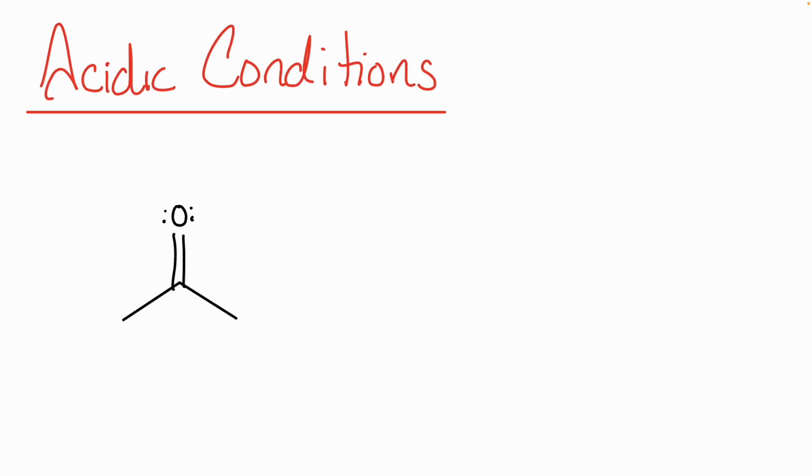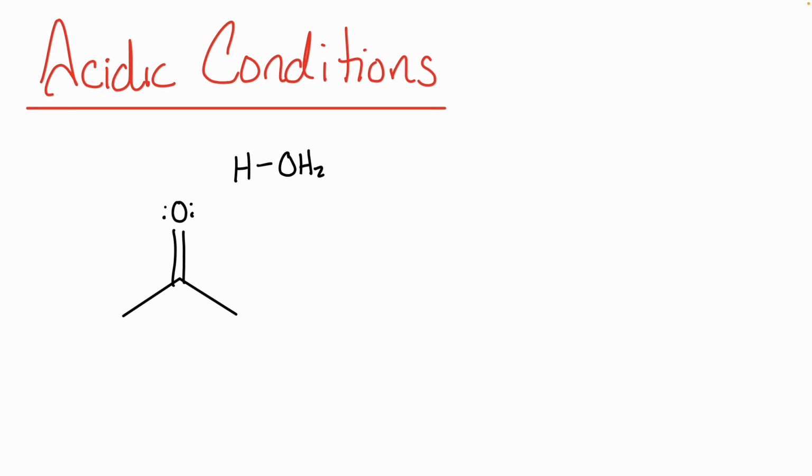All right, so under acidic conditions, we can't just break this pi bond and give that pair of electrons to that oxygen because that would give it a negative charge. So we're going to do the same strategy that we've seen quite a bit, where we manage our charges by protonating that oxygen.